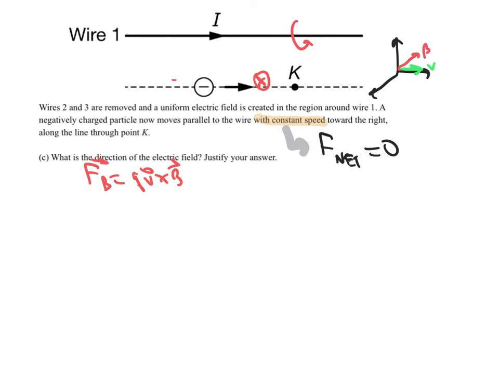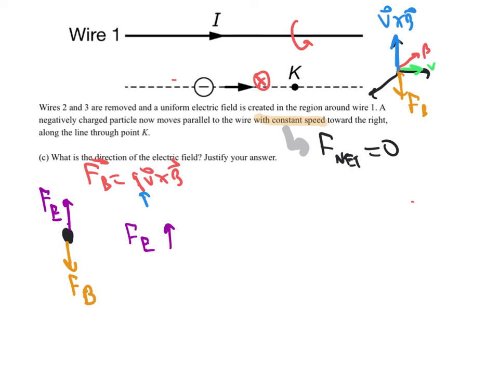So this direction is V cross B. But notice that we have a negative charge as well. So the actual force due to magnetism is this way. So if I draw my free body diagram, the magnetic force is actually deflecting this thing downward. If it's going to not move downward, then there must be an electric force which is pointing upward. So the electric force is up.